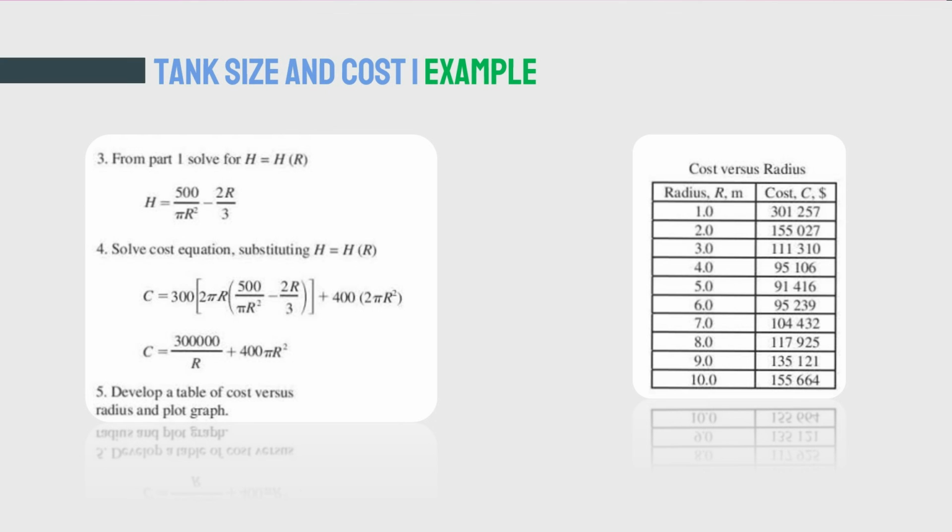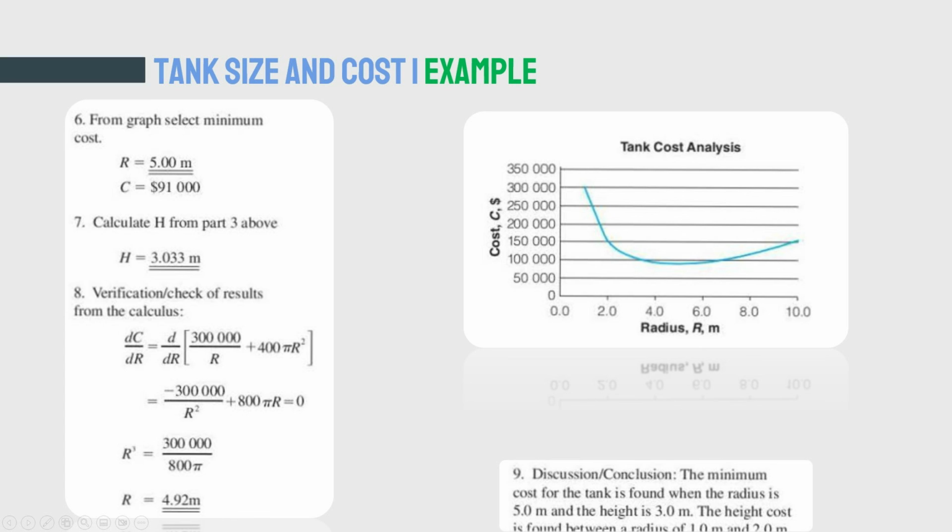Now, if you choose the radius to be 5, then your cost c would be the final value from 5. So in this case, I chose r to be 5. When I plug it in equation 3, substitute in 2, that gave me c to be $91,000.